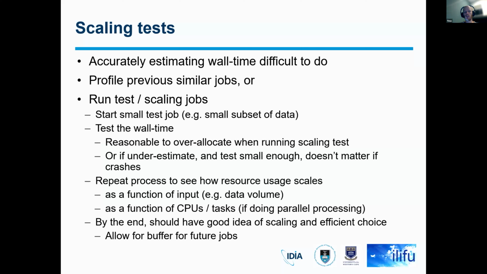What you can then do is repeat this experiment at a few sample points to see how much resources were used, and then plot your resource usage as a function of, say, input or CPU, and extrapolate to see how much resources your full job would require.